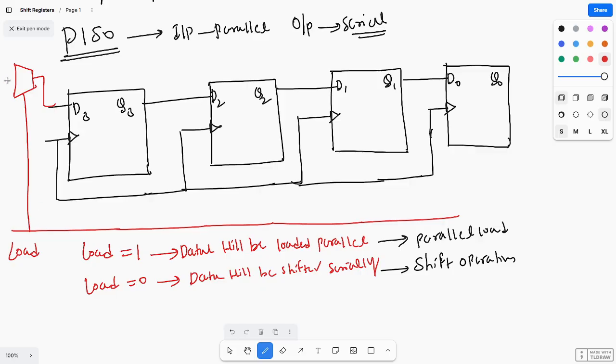Load is acting as the selection line. One input I am connecting with 1, and the other with 0, which is connected to ground. So this I am connecting with D3. When load equal to 1, load operation is happening, and when load equal to 0, shift operation is happening.